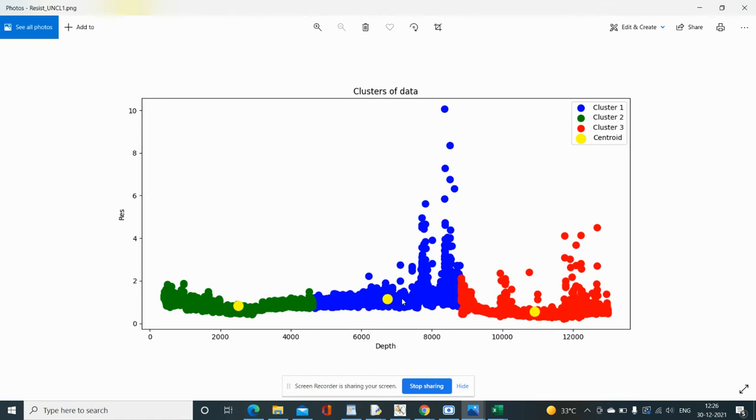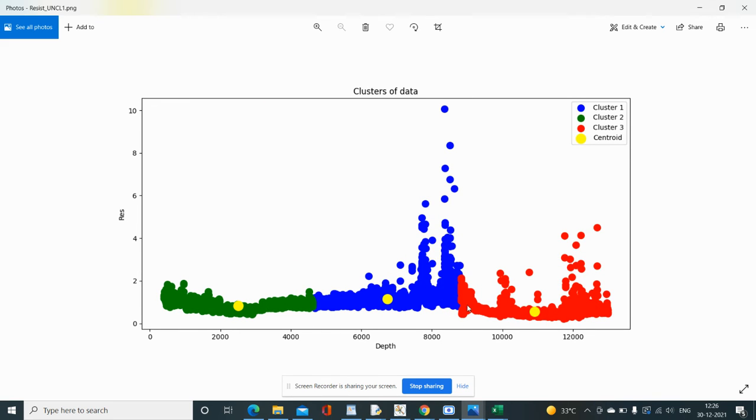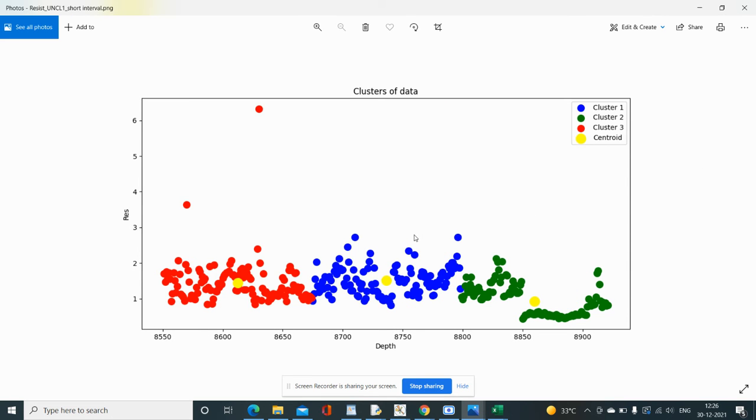It is this interval that is further segregated, further divided into smaller components. In this interval also, we can see that this data, when divided into smaller units, is clustered under three clusters. So a much more granular picture is available with this division of data.